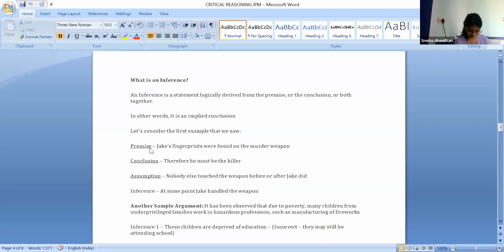First, we wrote the premise and the examples, Jake's fingerprint were found. The example we wrote for the premise, conclusion, and assumption. Okay. And then we wrote this. Do not rephrase a premise, assumption.